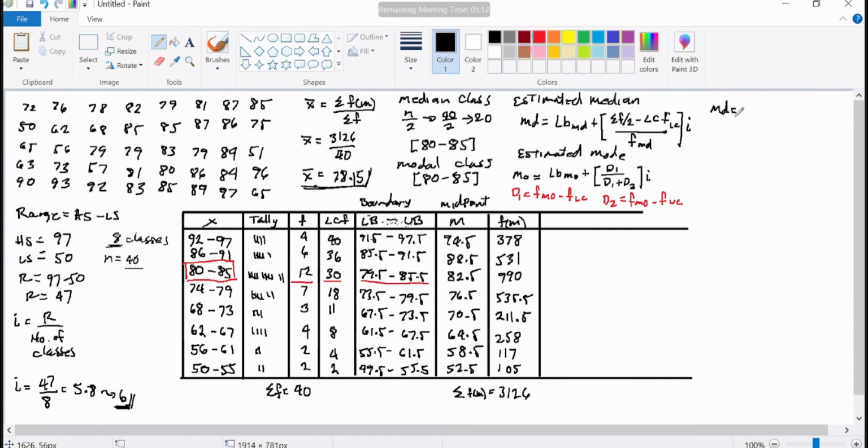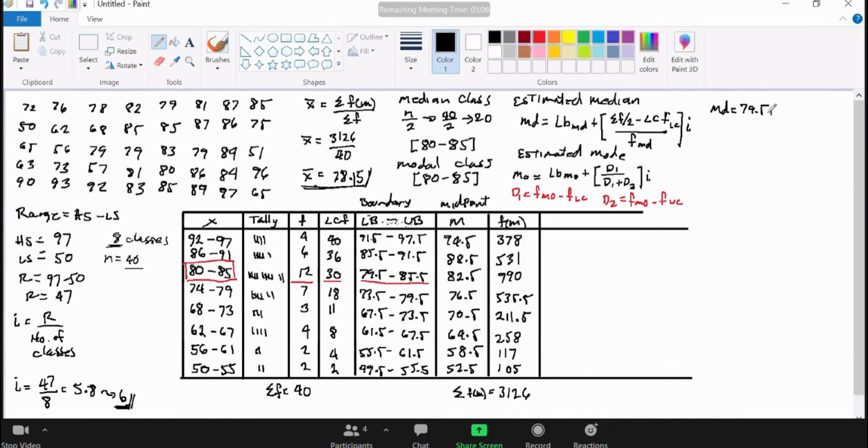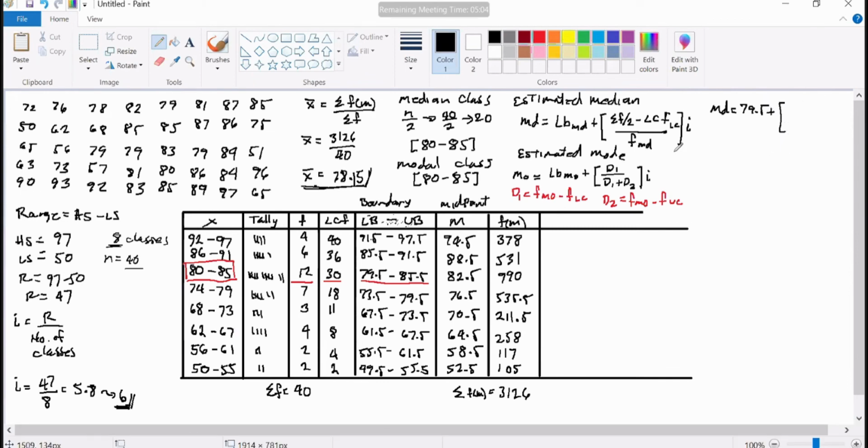Lower boundary. Anyone? 79.5. Okay, 79.5 plus summation of f over 2. Summation of f is 40, divided by 2 will give you 20, minus less than cumulative frequency of the lower class, which will be 18, divided by 12, the frequency of the median class, times the number of interval, 6.